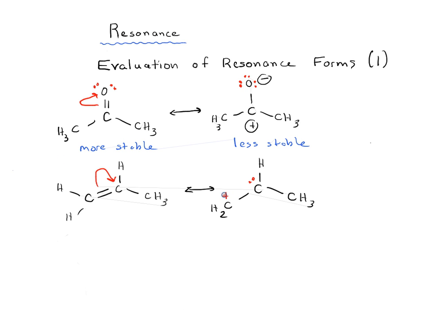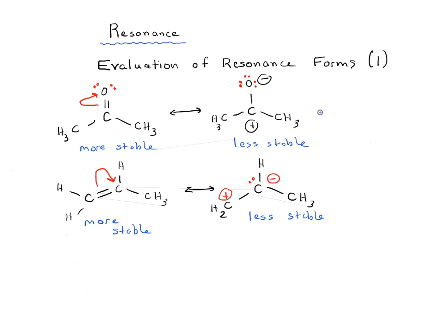The carbon has a positive charge, this carbon has a negative charge. Again, which of these 2 is going to be more stable, this resonance form on the left or the resonance form on the right? Well, again, this is neutral, so this is going to be more stable, and the one that has charges on it is going to be less stable.